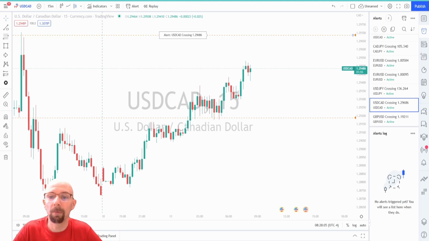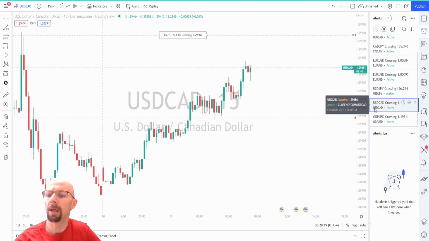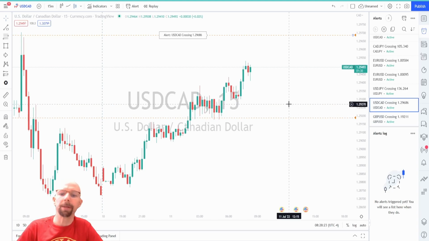So what I would normally do is I mark off my areas, and you can see here I've got a bunch of pairs marked off for today. And just, you know how I look at price, where I just mark off areas where I would expect price to react.